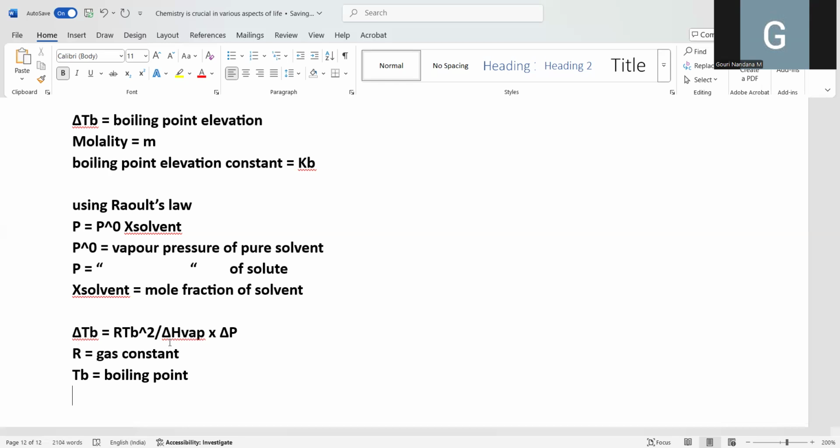Delta H vapor is the enthalpy of vaporization of the solvent. And delta P is the change in the vapor pressure.